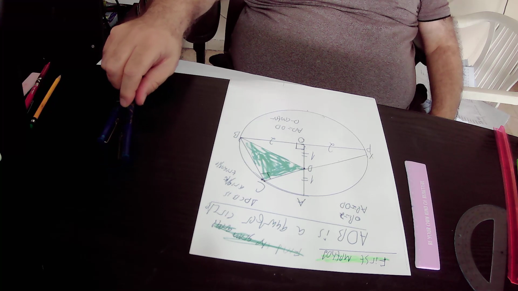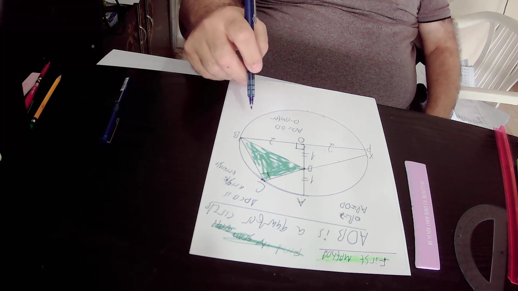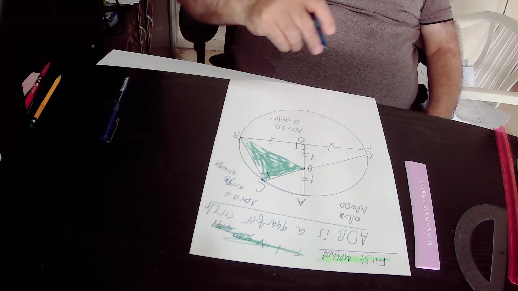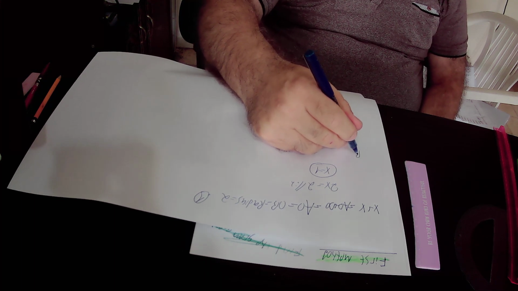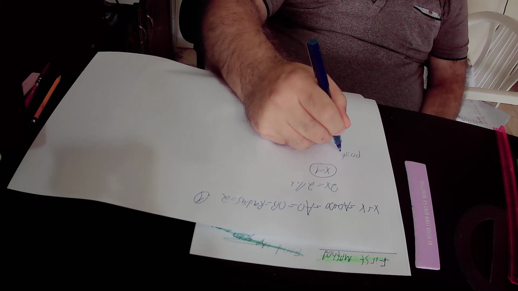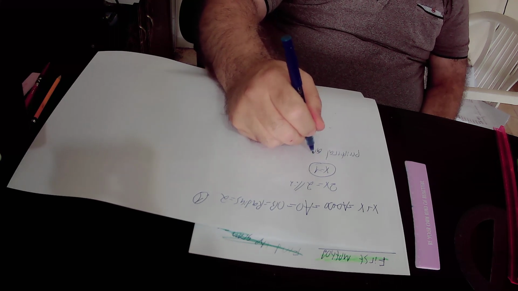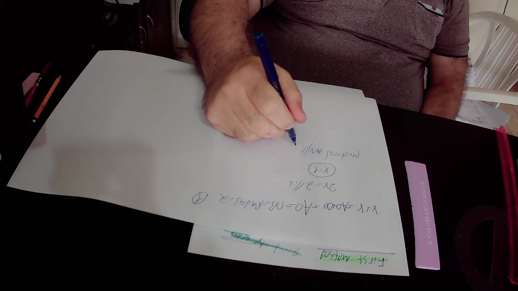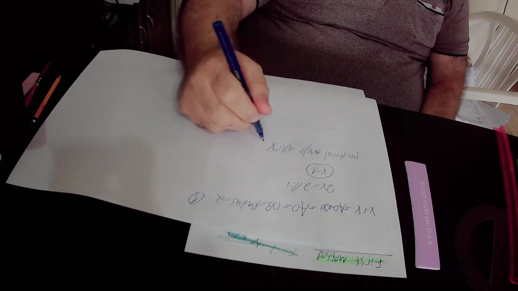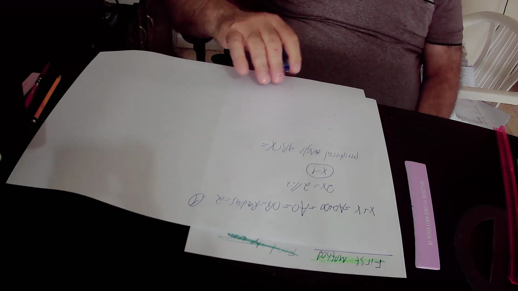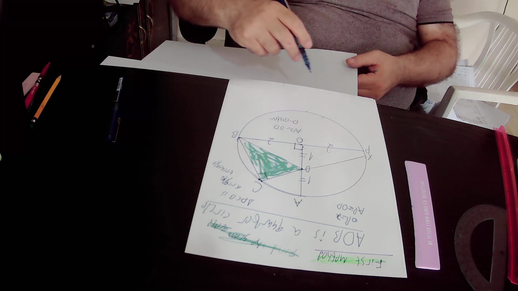Therefore, we created here peripheral angle BCX. We created peripheral angle BCX, and according to what is given in the question, peripheral angle BCX equals 90 degrees.